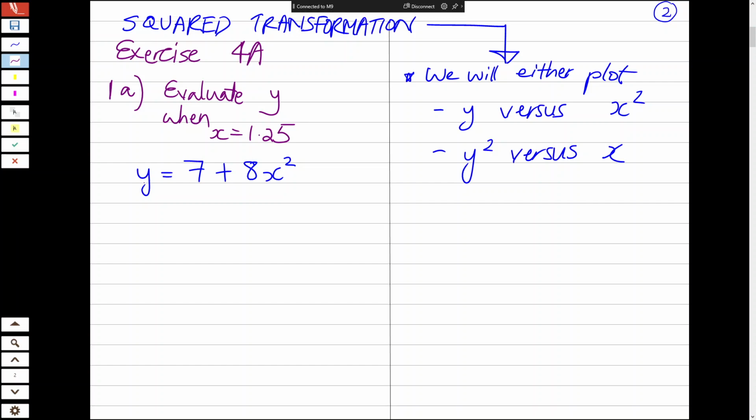Okay, so I've given you a formula for y. This could be your equation. In a moment, I'll tell you how to get the equation.